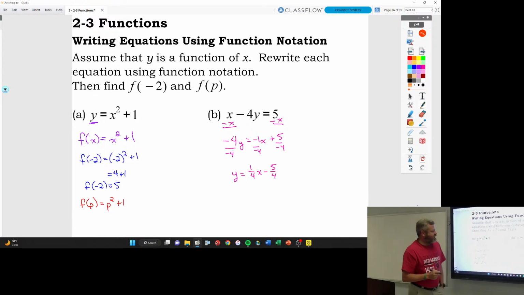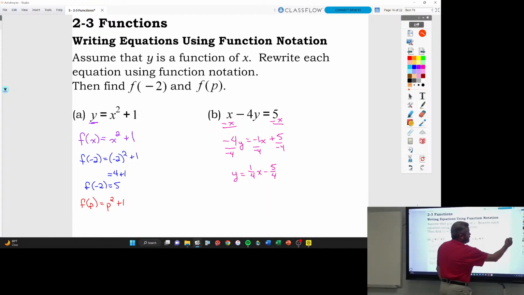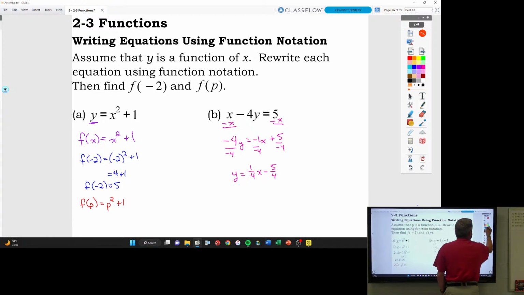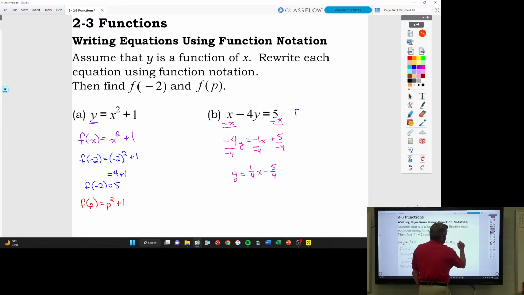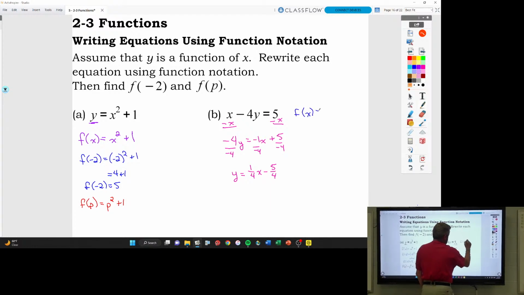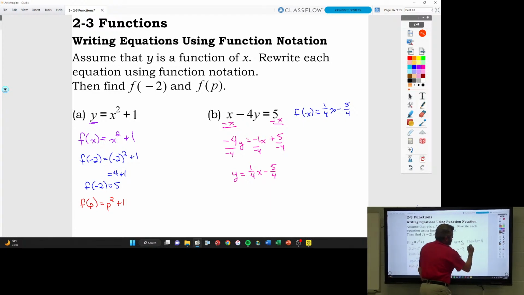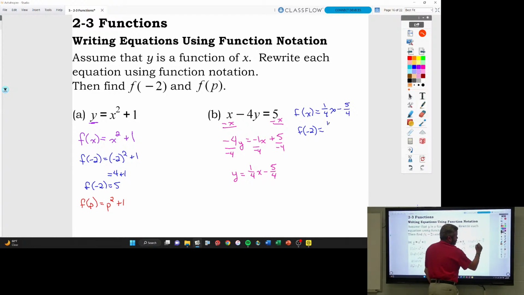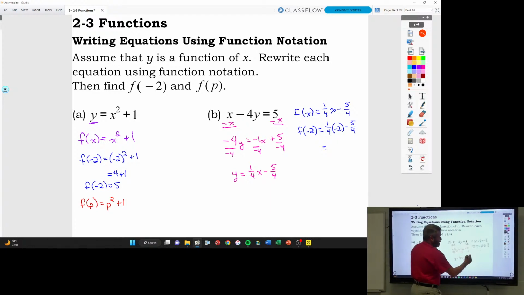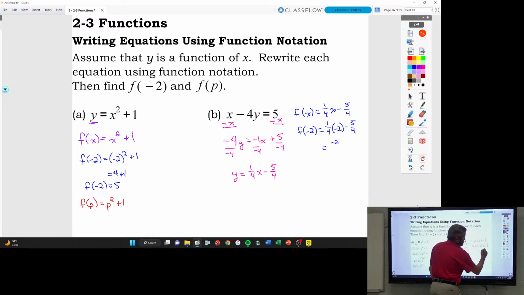And now that y is by itself, I'll do my two functions. So we have f of x equals 1/4 x minus 5/4. What is f of negative 2? That would be 1/4 times negative 2 minus 5/4. 1/4 times negative 2 is negative 2/4.